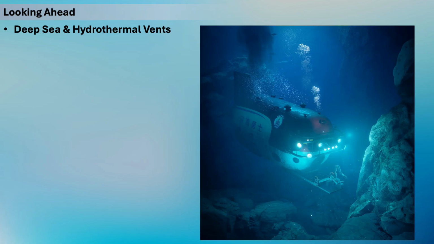We also explored how energy moves from the surface ocean to deeper water through processes such as the biological pump linking different parts of the ocean system. In the next lecture, and our final lecture, we will move into the deep ocean, where conditions change dramatically. We will examine how life persists in environments without sunlight and how hydrothermal vent systems support ecosystems based on entirely different sources of energy.